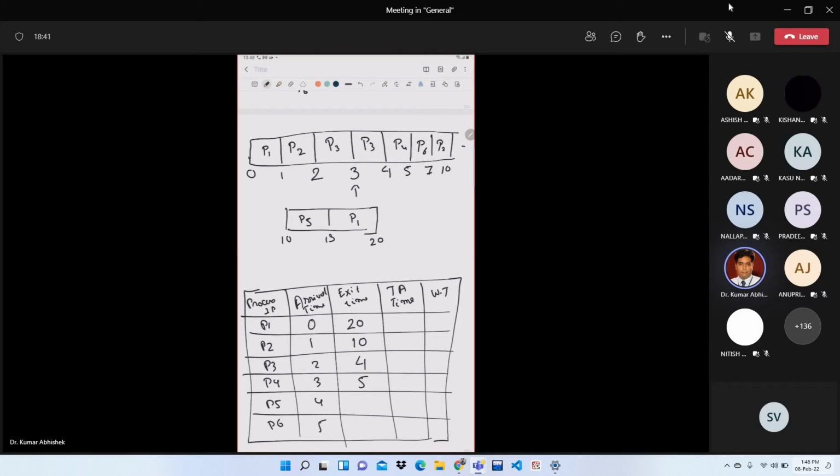Exit time of P5 is 13. And exit time of P6 is 7. So your turnaround time is that is exit time minus arrival time.